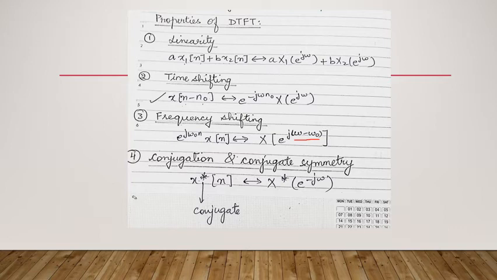Normally the transform was represented by capital X e raised to the power jω. So to the already existing result, instead of ω, we replace ω by minus ω and also take the conjugate of the final result, because the star denotes the conjugate.